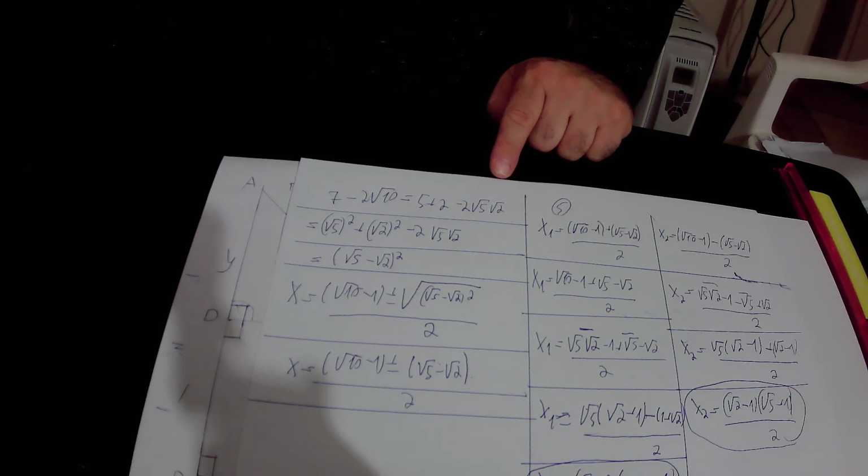In conclusion, 7 minus 2 times square root of 10 equals 5 plus 2 minus 2 times square root of 5 times square root of 2.